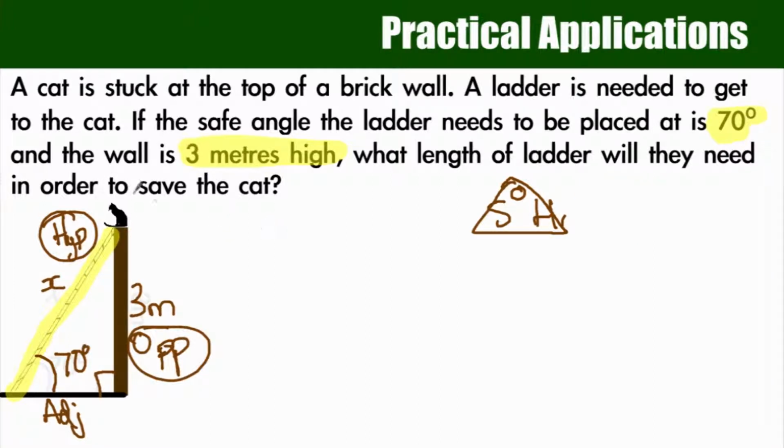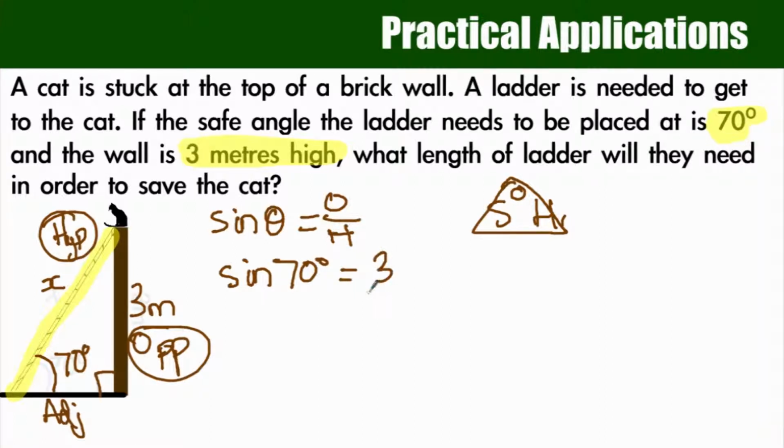So if we now form an equation, we've got sine of the angle equals opposite over hypotenuse. Fill in the information, so we've got sine of the angle, which is 70, equals the opposite, which is 3, over the hypotenuse, which is x. Rearrange this so it's in a form we can enter into our calculators.